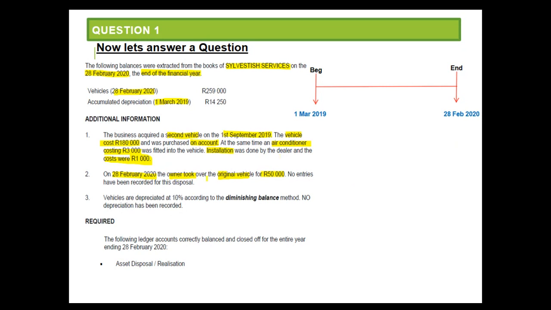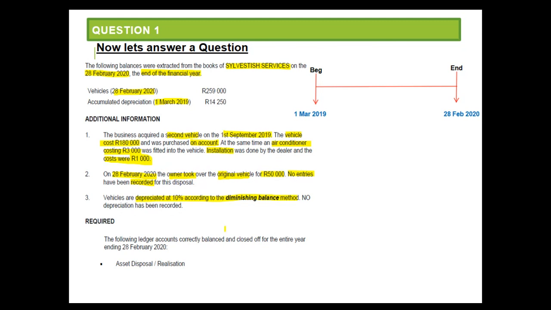Next time it can be a selling price in the form of cash. But this one, the owner took it. Obviously, I foresee drawings. But I'm still going to talk about those accounts. They say no entry has been recorded for this disposal, meaning we still have to record. The vehicles are depreciated at 10% per annum according to the diminishing balance method.